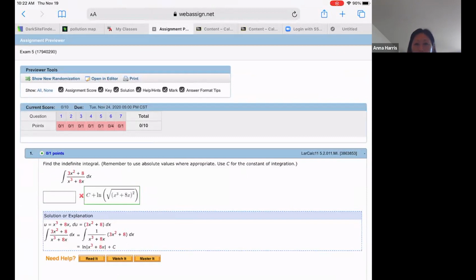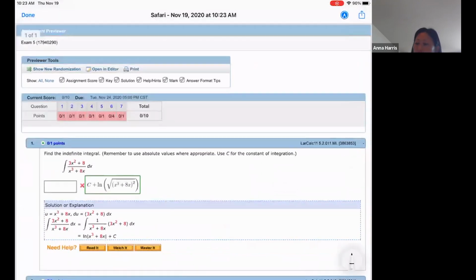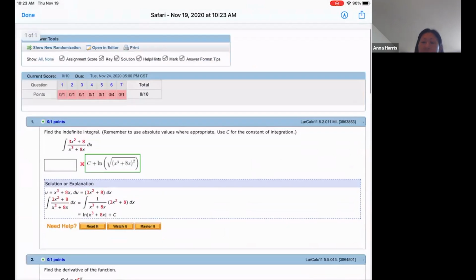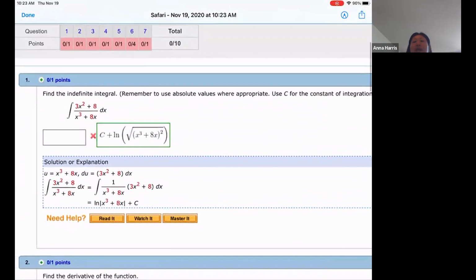Okay, so this problem, you guys need to recognize which one you're going to use as a trigonometry function, or which one you're going to use as a u substitution. So this problem, let me give you a hint.